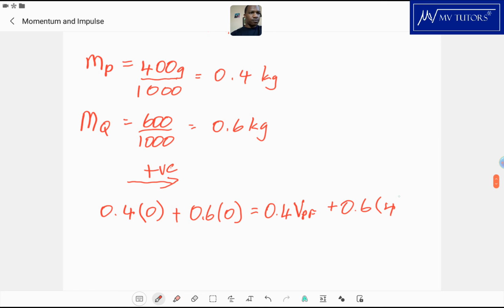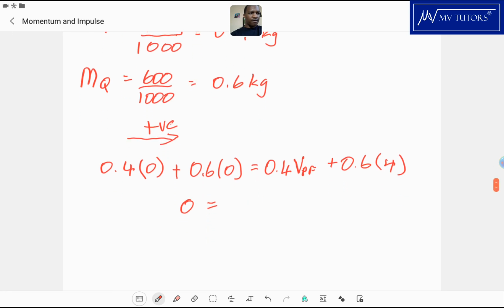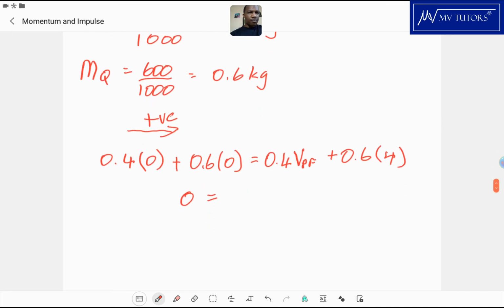Okay, so this is all 0. Then we have 0.4 VPF plus 0.6 times 4. Let me just leave it like that for now, because I don't have a calculator with me immediately.